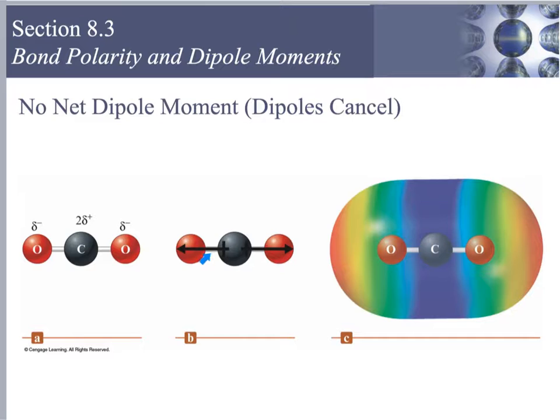The vector has a magnitude and a direction, and if the two magnitudes are equal but opposite, then the overall dipole cancels out. Over here you can see the same sort of electron density representation, another way to express the same idea. So to summarize, it's possible for bonds to be polar and to still have a nonpolar molecule.